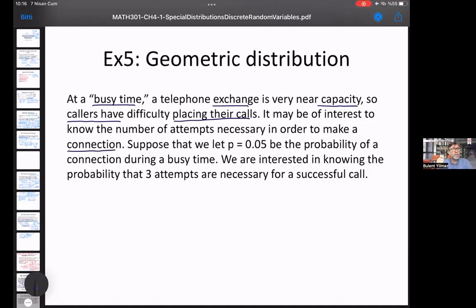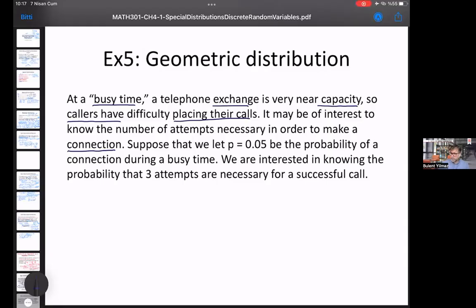So I call once, I cannot connect. I call twice, I cannot connect. I call again, and I connect. So my random variable will be 3. I'm placing a call and trying to find out after how many attempts I can connect to the person I am calling. Okay, is that clear, guys?